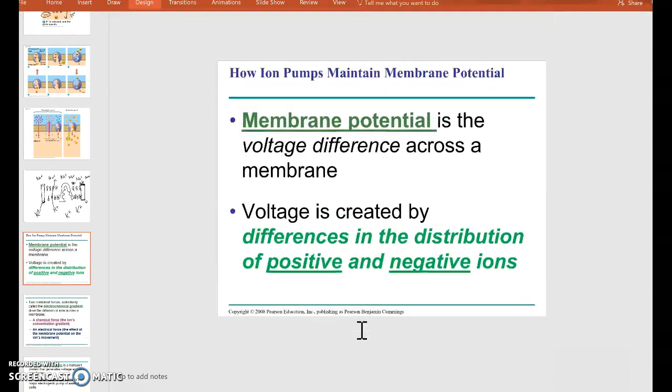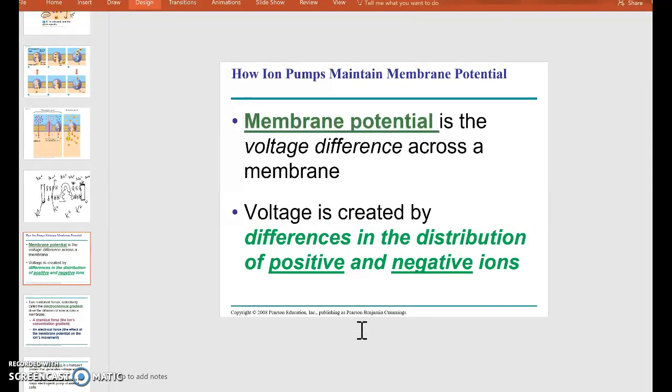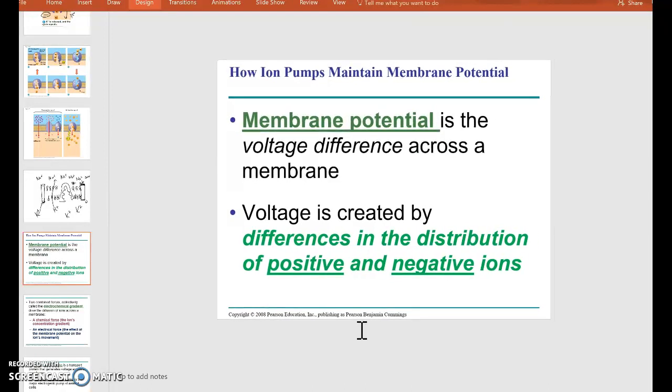Now, this slide right here just explained what that voltage is. And we call that a membrane potential in this case right here. And a membrane potential is a voltage difference across the membrane. So that voltage was created because we have a difference in how we distribute those ions.